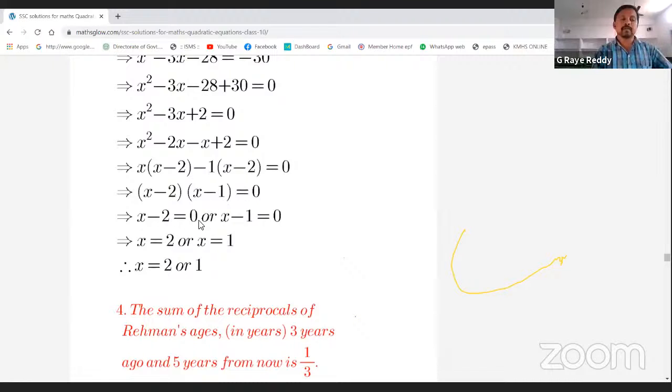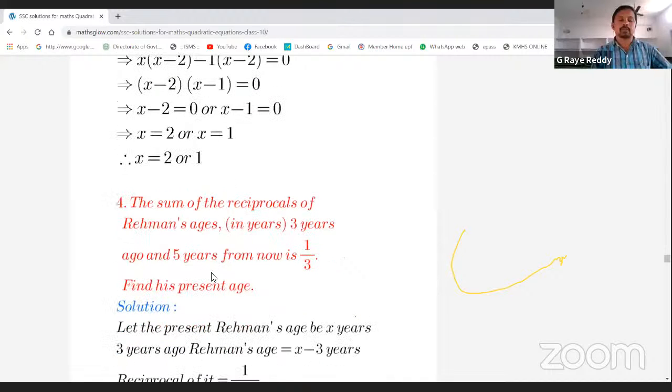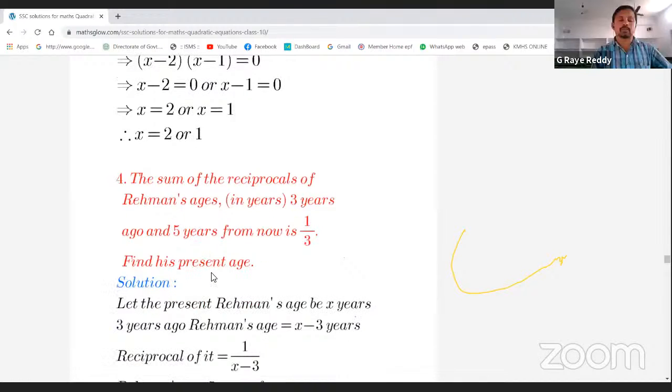If x minus 2 equal to 0, then we get x equal to 2, or x minus 1 equal to 0, we get x equal to 1. So 1, 2 are the roots of the given quadratic equation, or 2, 1 are the two values that are the solution of the given quadratic equation.